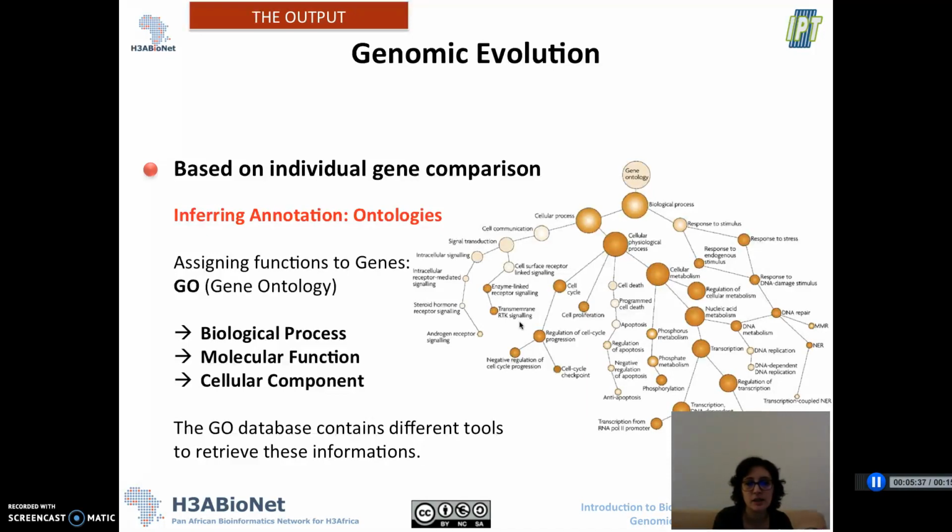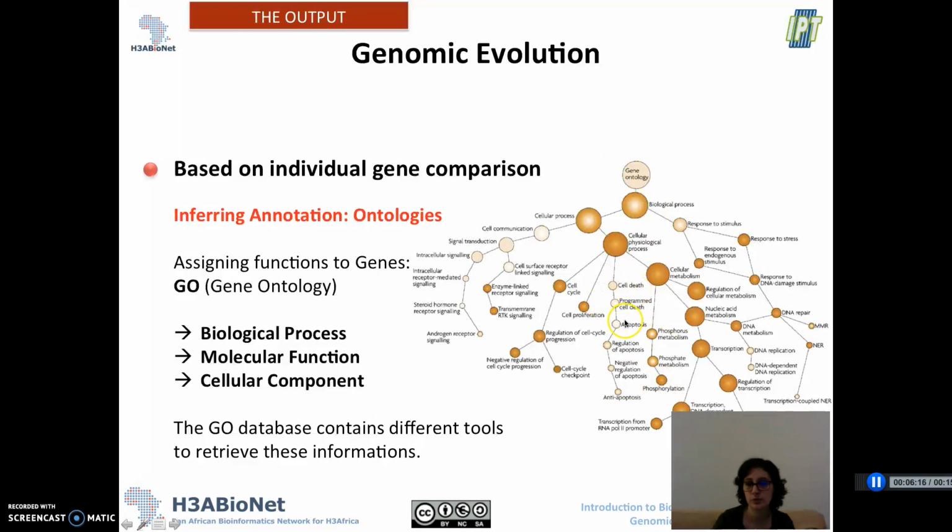This is basically a way to characterize a gene based on the biological process it is involved in, the molecular function it has, or the cellular component it is acting in. So a gene ontology database would contain different tools to retrieve this information, and the whole information is here shown as a tree, starting from the less precise one, we would say, to the most precise one.